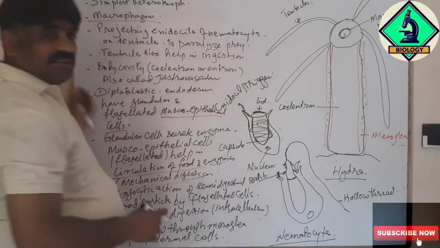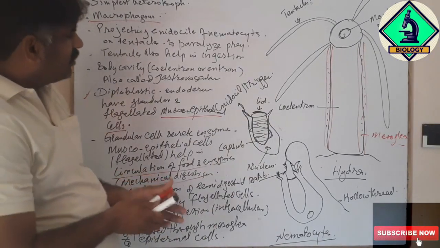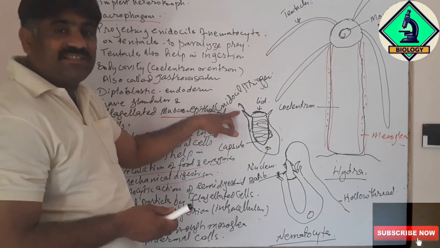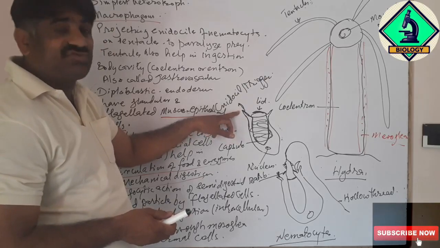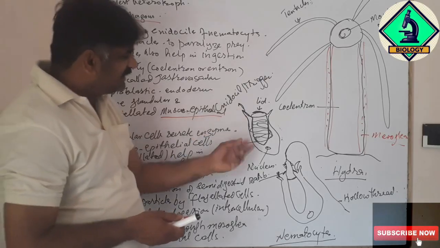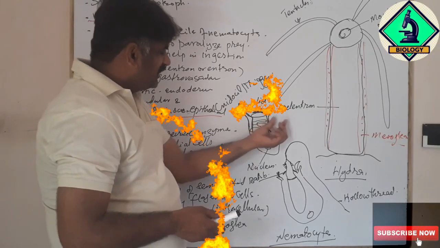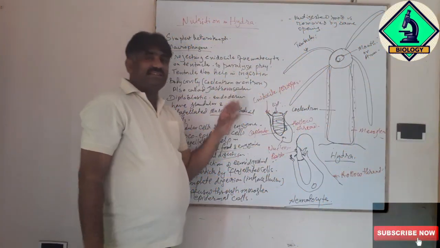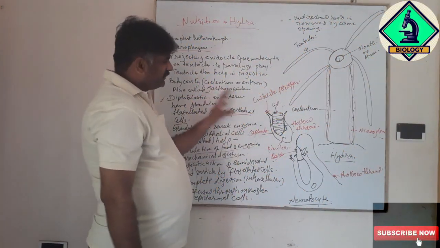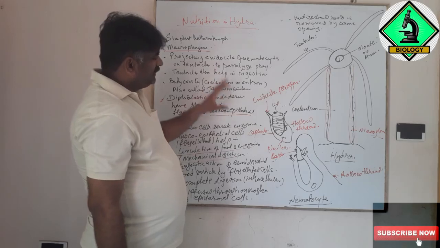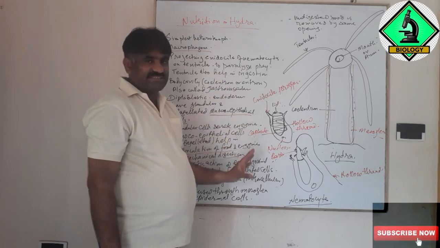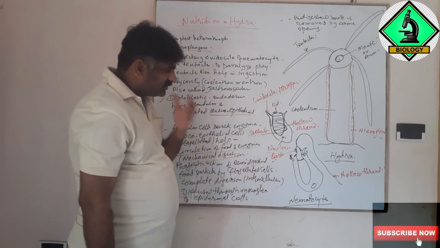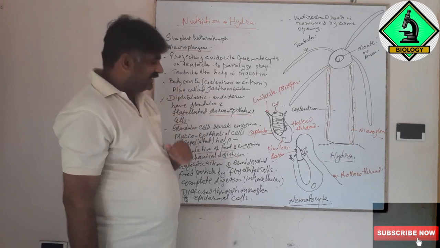When any organism comes in contact with or brushes against this cnidocil, this trigger, this is the main characteristic feature of this phylum: cnidocytes, or nematocytes. That's why they are called Cnidaria.